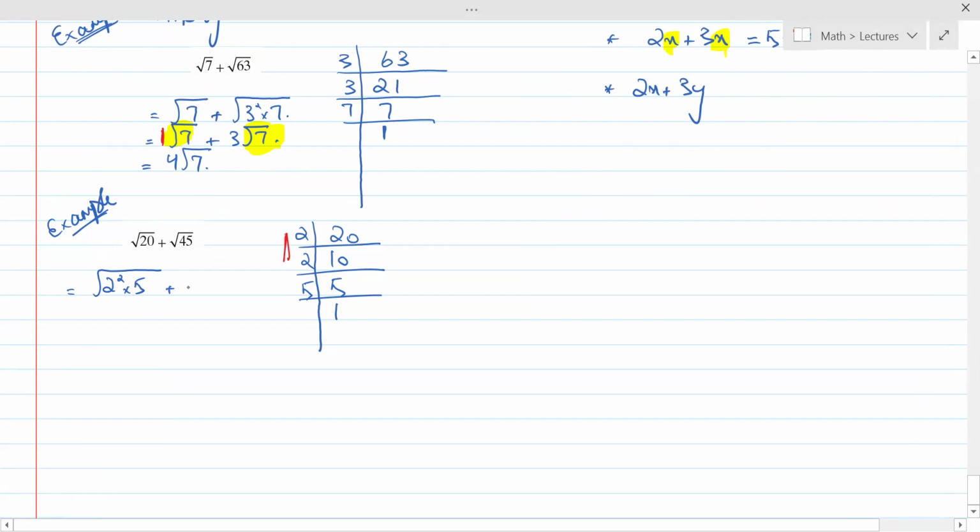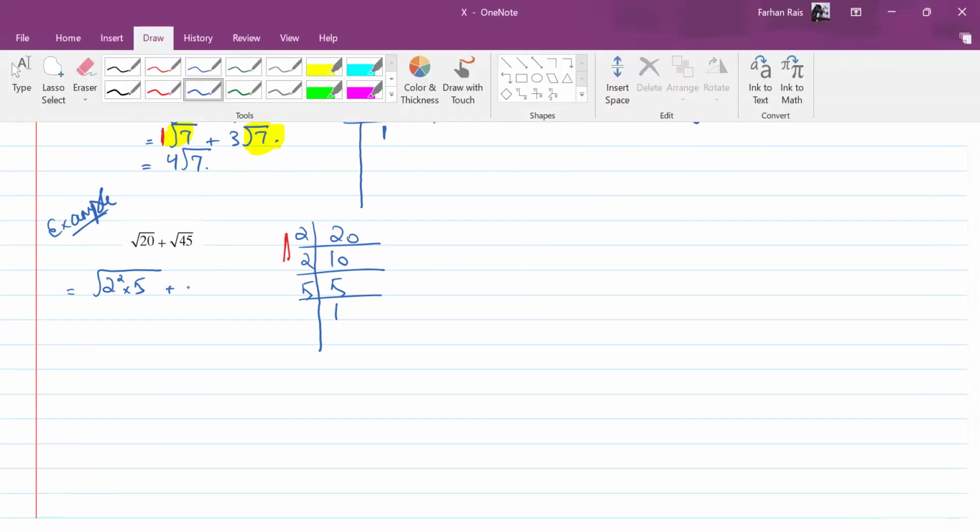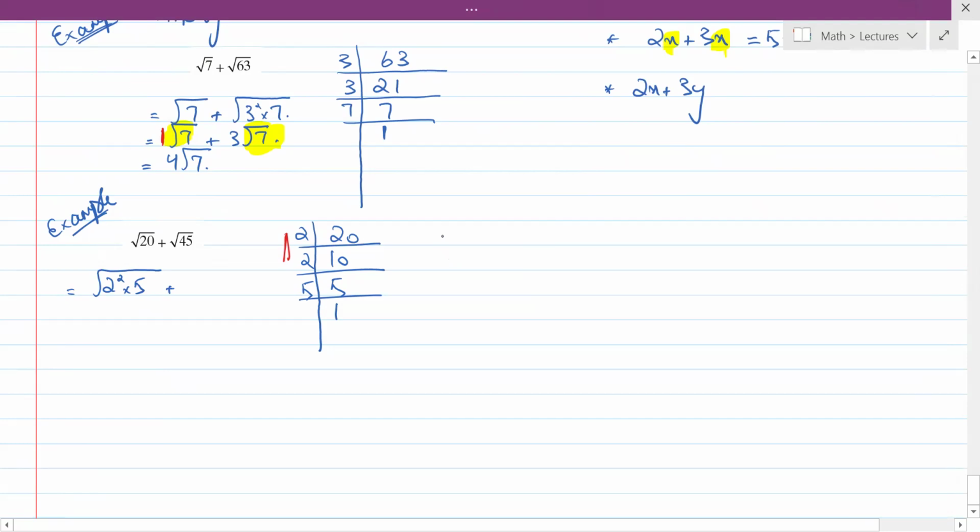Moving on to the next number, which is under root 45, we'll do the same thing. We'll try to find the prime factors for root 45. We have to start with the smallest prime number, which is 2, and 2 cannot divide 45, so we look for the next possible bigger number. The next possible bigger number is 3.